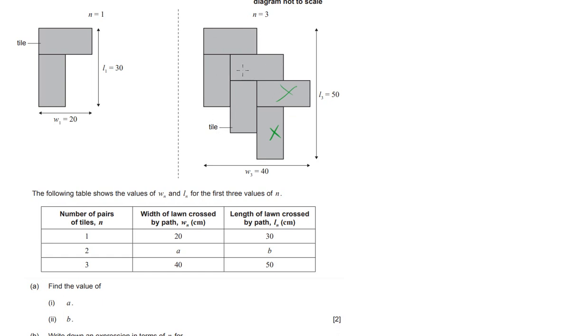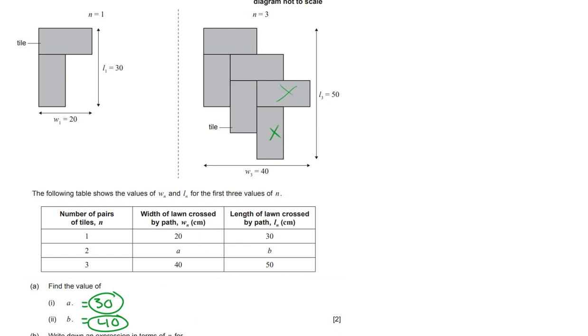So that's 10, 20, 30 would be our width. So A is going to be 30, right? And then B is going to equal how tall it is without those two. So that's 10, 20, 30, 40. So that's going to be 40 tall.